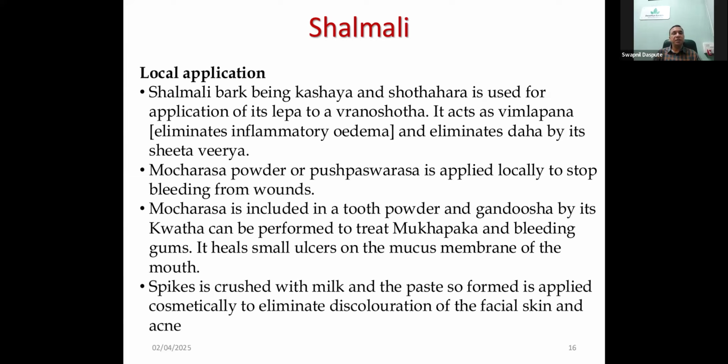Majorly in Pittaja and Raktaja conditions, Mocharasa can be used for Gandusha. It heals small ulcers on the mucous membrane of the mouth. So in Mukhapaka basically, it works very well.